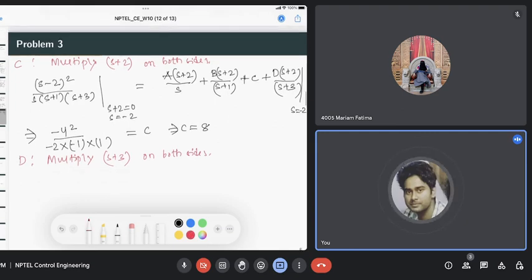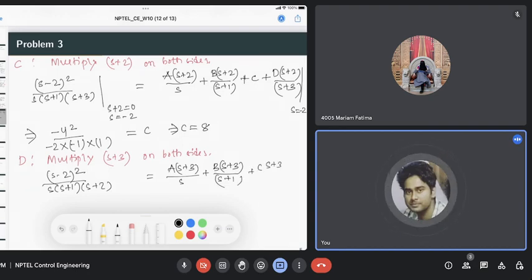So we'll have s minus 2 whole square by s into s plus 1 s plus 2 equal to s. For b, this is s plus 1, c s plus 3 by s plus 2, and d.